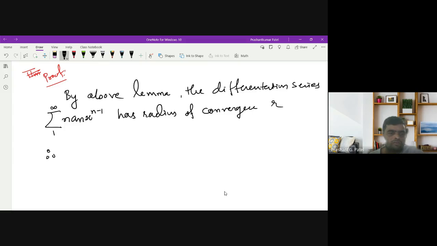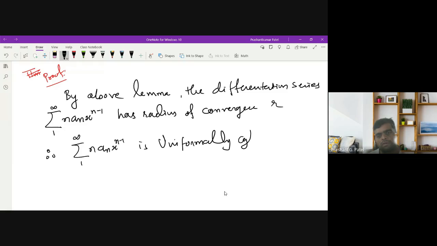So this series, n an x raised to n minus 1 from 1 to infinity, is uniformly convergent for all x such that mod x is less than delta less than R. So under this, it is uniformly convergent.